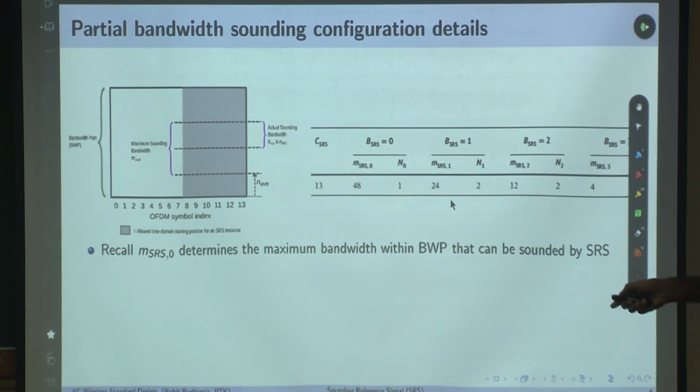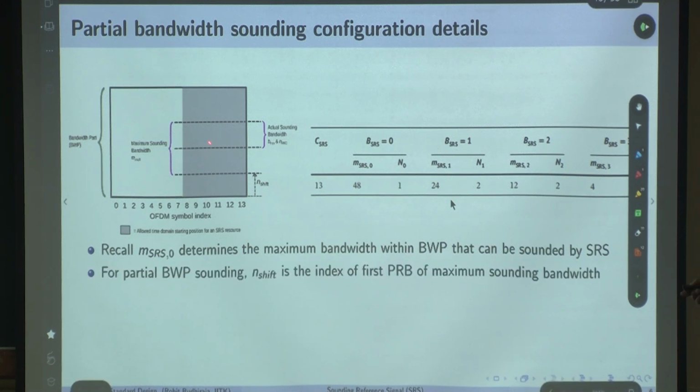MSRS 0 determines the maximum bandwidth within the bandwidth part that can be sounded out by SRS, and this is that. This is the first parameter we need to keep in mind.